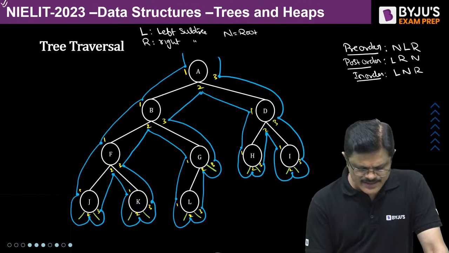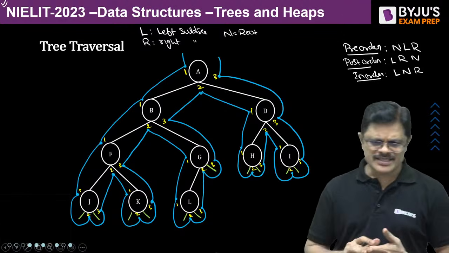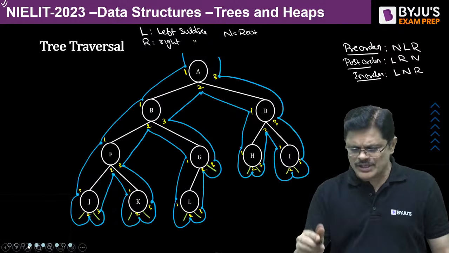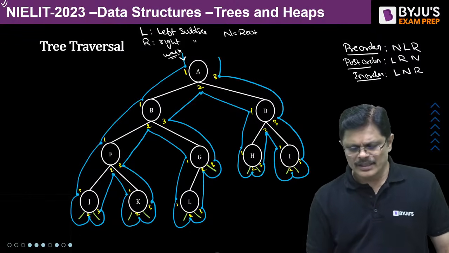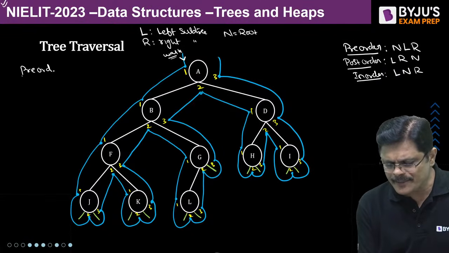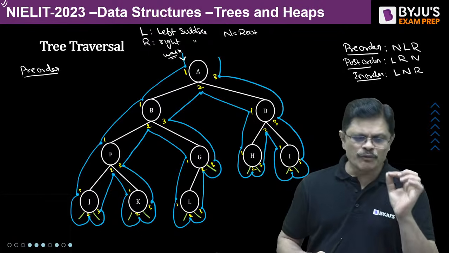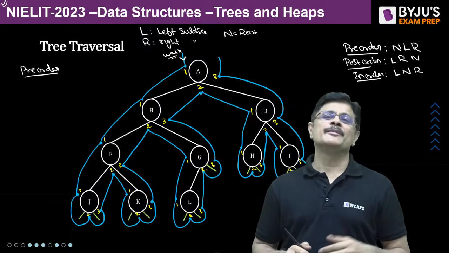So if you want any traversal, you can easily get it by doing the same walk. You start walking from here. While walking, whenever you find a 1, print the node. Then you get pre-order.